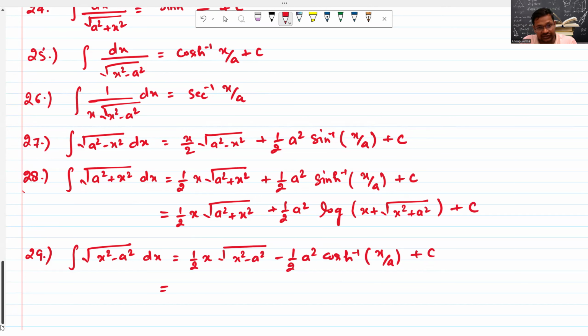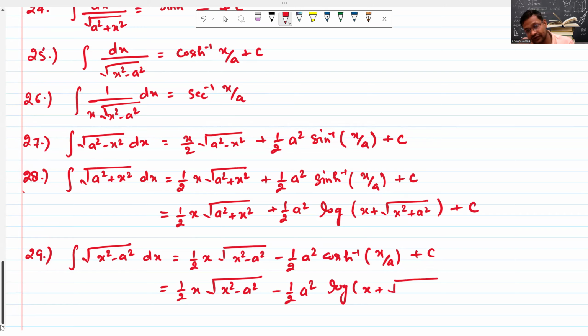This formula is also written like this: 1 by 2 x root of x square minus a square minus 1 by 2 a square log of x plus root of x square minus a square plus some constant. So whatever the formulas, you should remember at least any one of the forms.